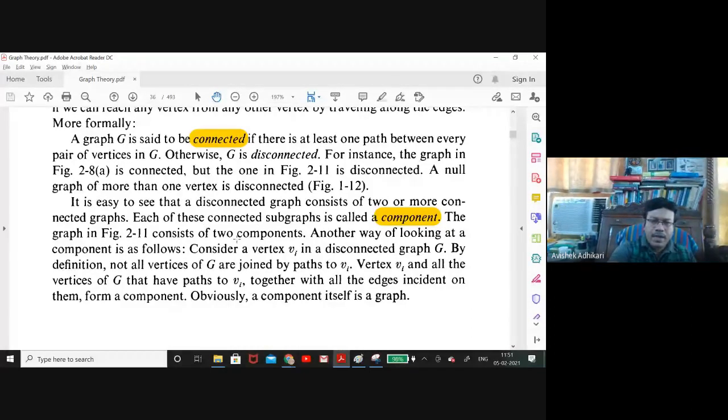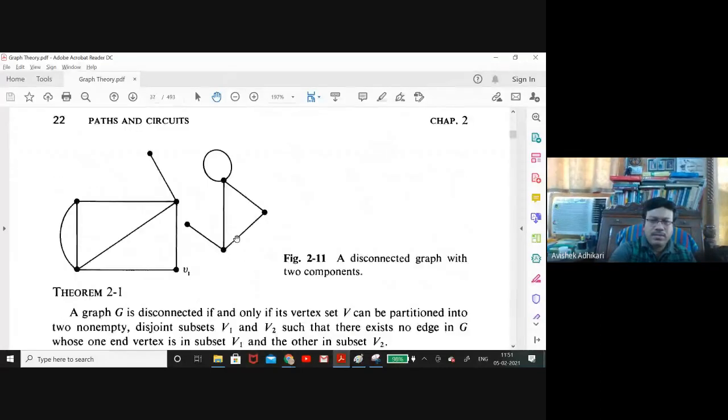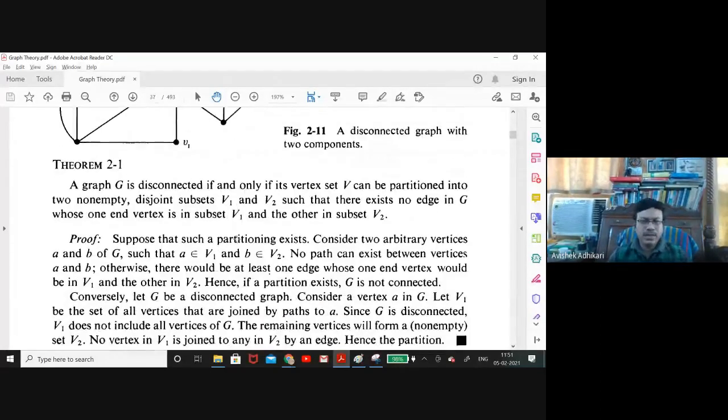Now it's an important result. A graph G is disconnected if and only if its vertex set V can be partitioned into two non-empty disjoint subsets V1 and V2 such that there exists no edge in G whose one end vertex is in the subset V1 and the other in the subset V2.